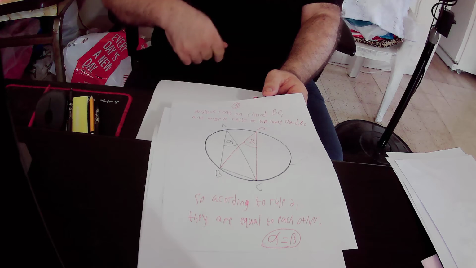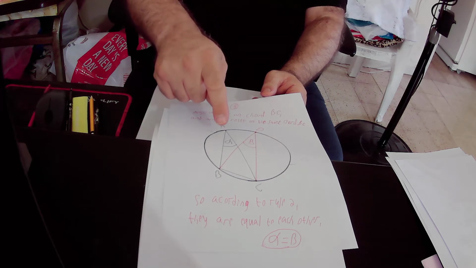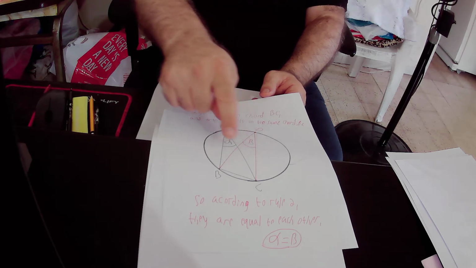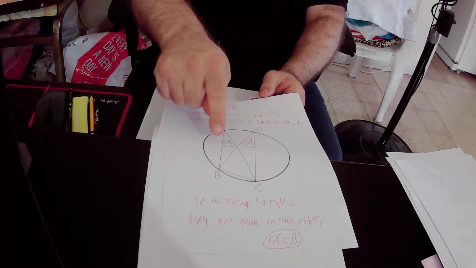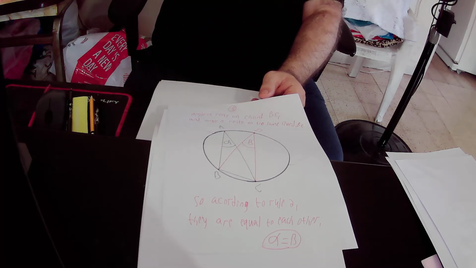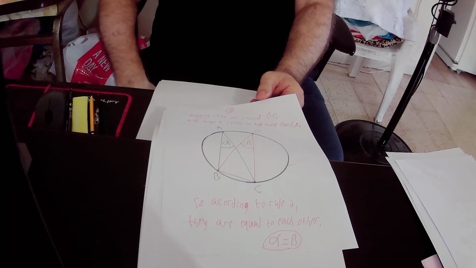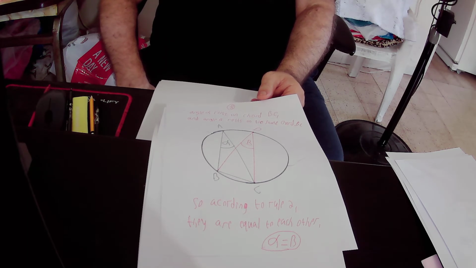Angle alpha rests on chord BC, and angle beta also rests on the same chord BC. So according to rule number 2, they are equal to each other.